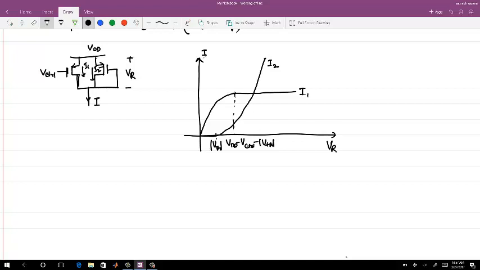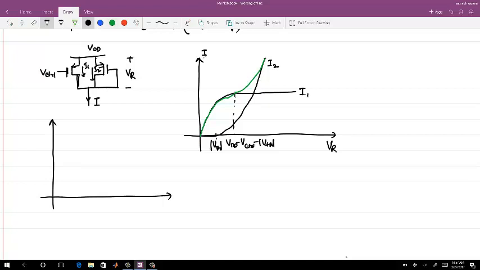If you add both of these currents, it depends on all the parameters, and you will have something like this. Many a time I see that it is drawn differently.